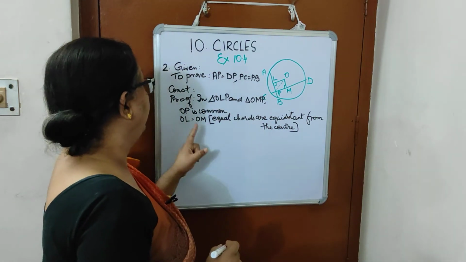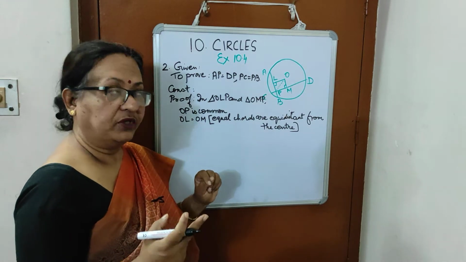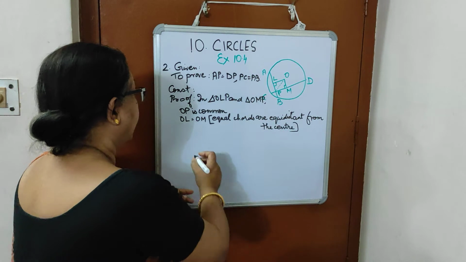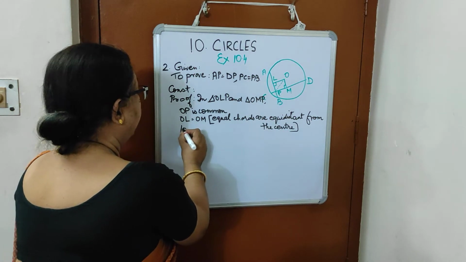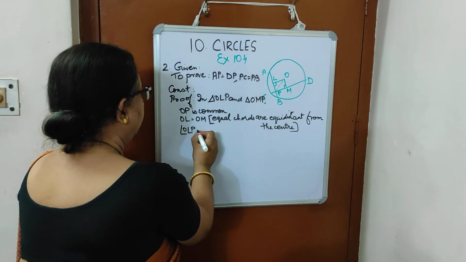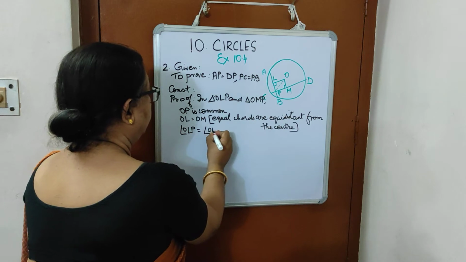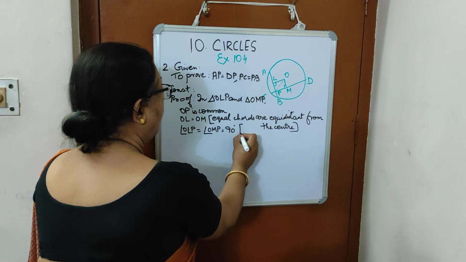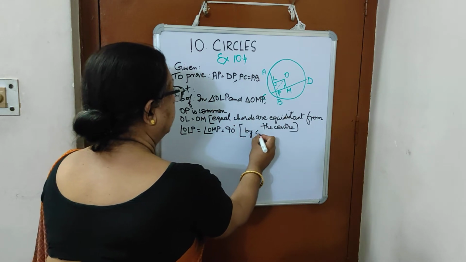Now we need one more point. We got 2 points. What is the third point? Yes, both these angles are 90 degrees. So we can write angle OLP is equal to angle OMP equal to 90 degrees. Why? By construction.